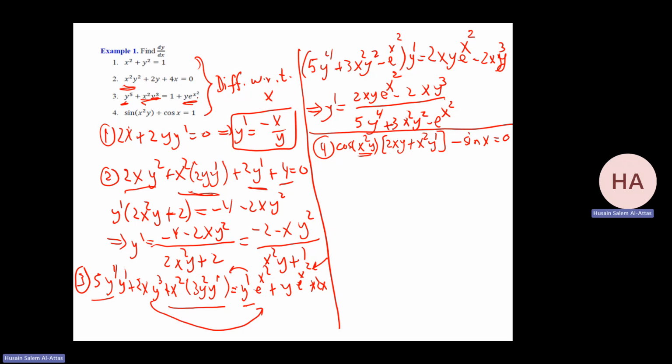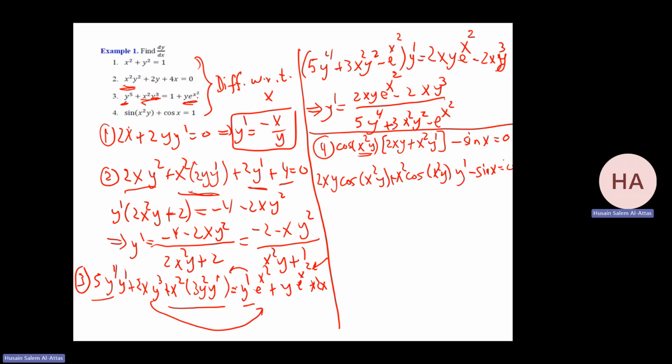So let me open the parentheses. Be careful. 2xy cosine x squared y plus x squared cosine x squared y times y prime minus sine x equals 0.